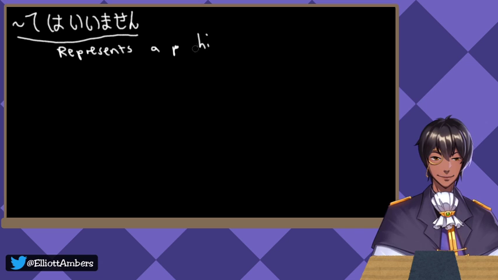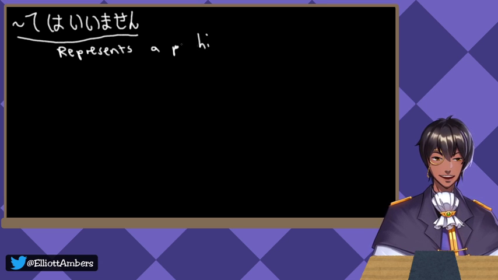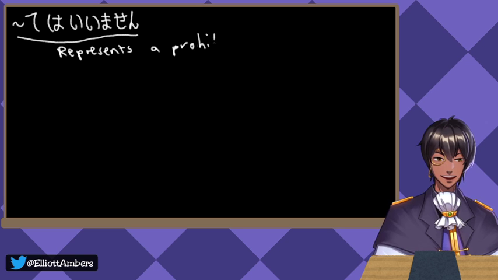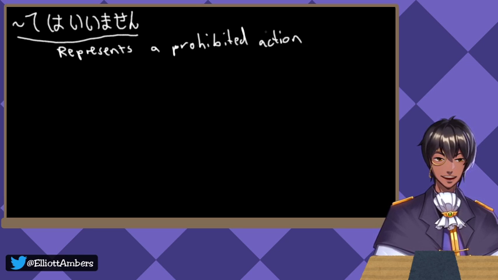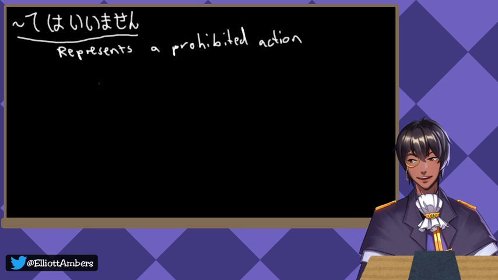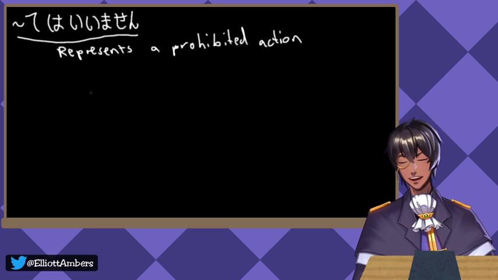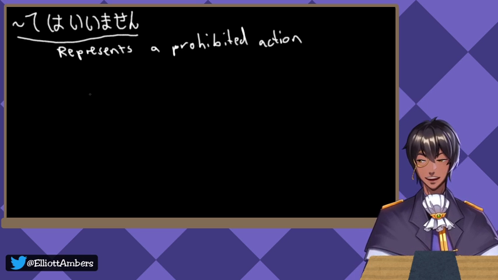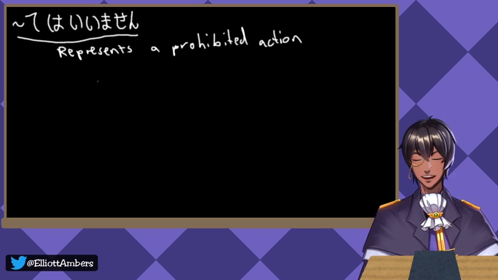Represents a prohibited action. So, for example, say you're at a park at night, and the 5-0 come to get you, the coppers come to get you, because it's already past sunset and you're not supposed to be there.